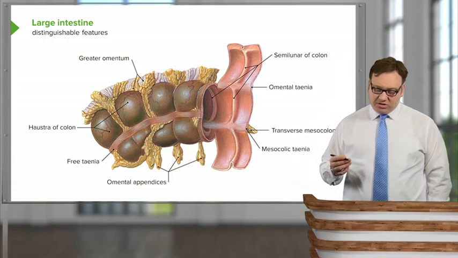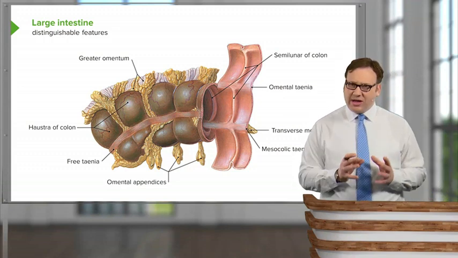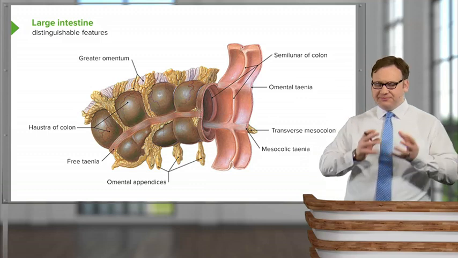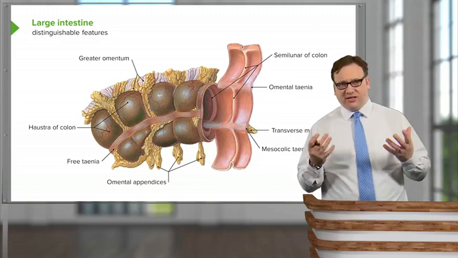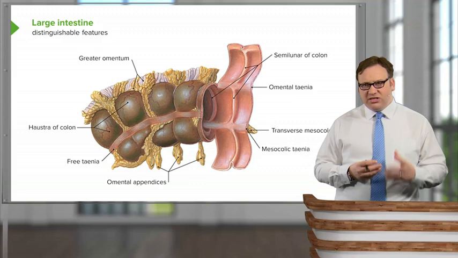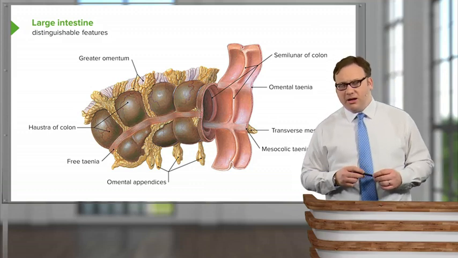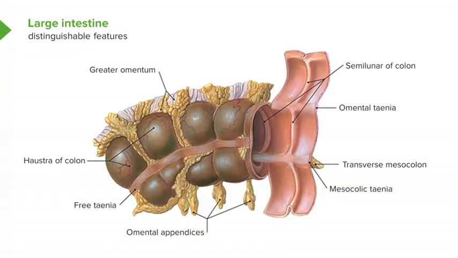You should be able to notice the small intestine by its location, but sometimes throughout life, various things can happen and the position of the organs in the abdomen can become distorted. But here we can see there's a series of distinguishable features that make the large intestine stand out from the small intestine. We have what are known as tenia coli.